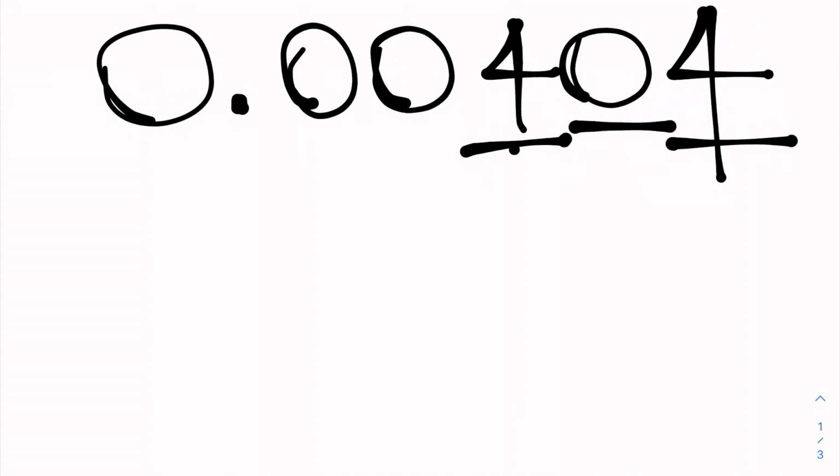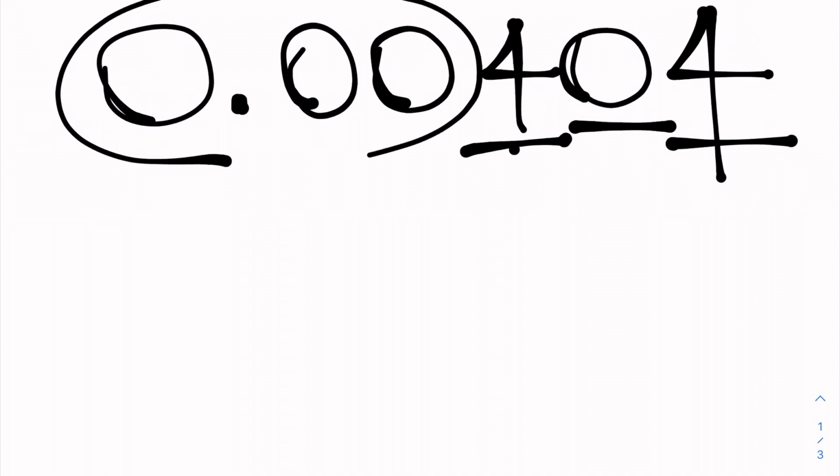Okay, now we need to use rule number 3 to determine if these 3 zeros are significant. And we can ignore the decimal right here because the rules don't mention anything about decimal points yet. So rule number 3 states that all zeros before non-zero numbers are never significant.